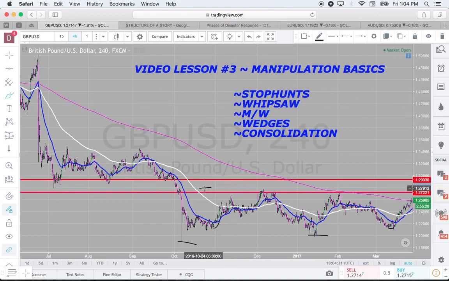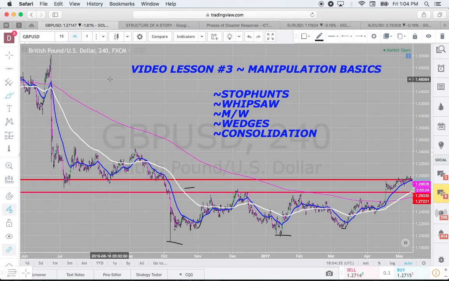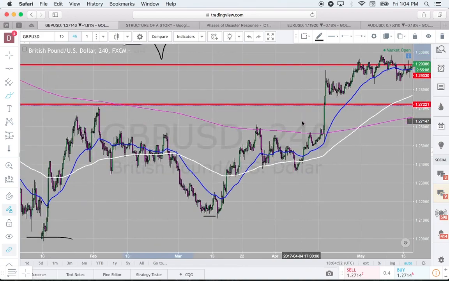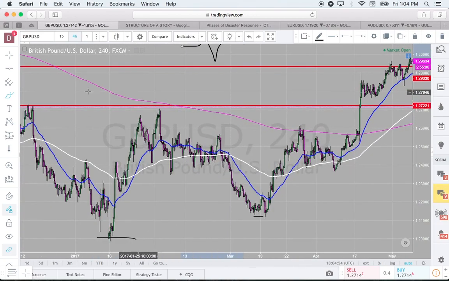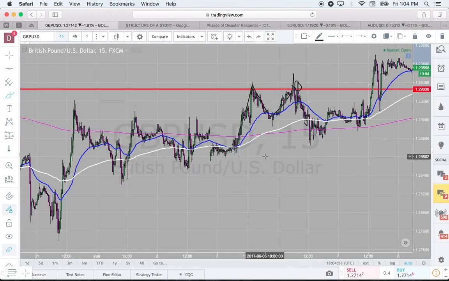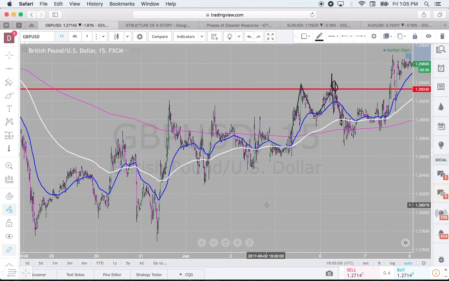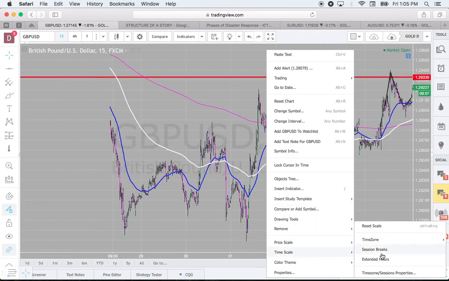Whipsaw. What is a whipsaw? A whipsaw is another term for basically the movement of creating a high and a low and then consolidating in the same place afterwards. We can see that happen almost every day on the 15-minute chart. It is a prime example of what happens.